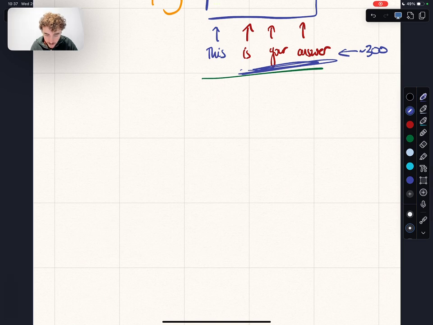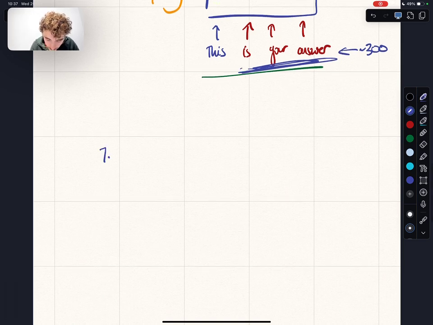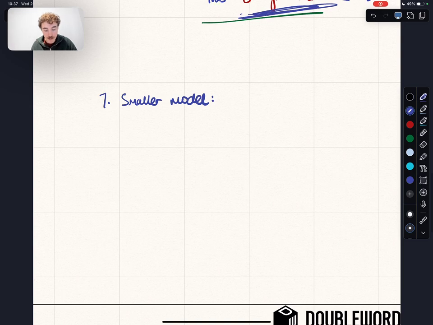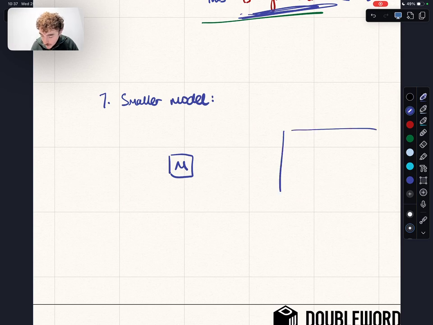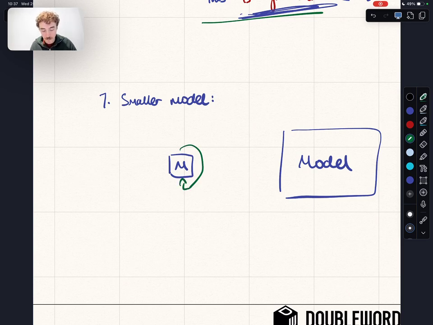One popular source of draft tokens is to use a smaller model. This is what happened in the original speculative decoding paper. So I have a small model, and then I have a big model. The small model produces tokens auto-regressively and does so very quickly. It's a very small model, so it can produce a dozen or so tokens much faster than the big language model can.